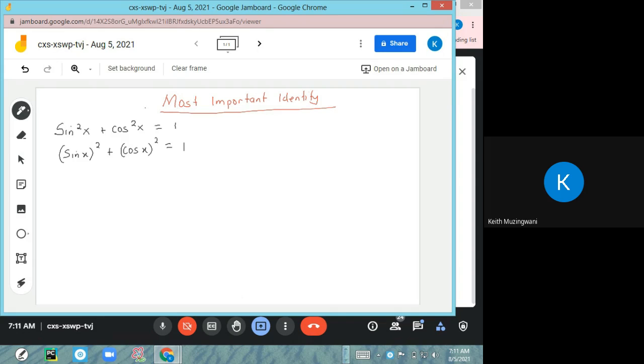The variable x, you can use a, you can use b, you can use any letter there, to a point where even if we say sine squared g of x plus cos squared g of x, we will still say it is equal to 1. For as long as what is here is equal to what is here, the identity still holds.